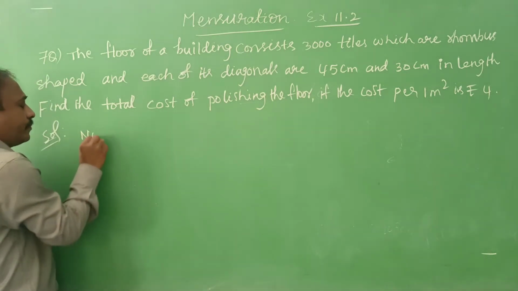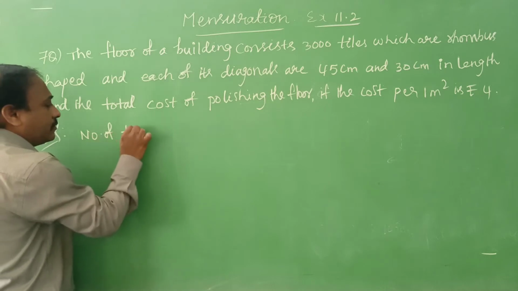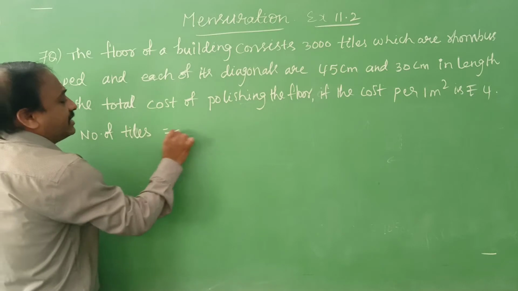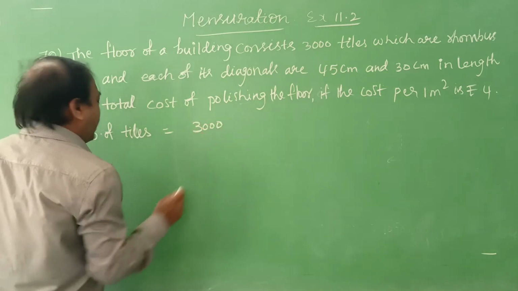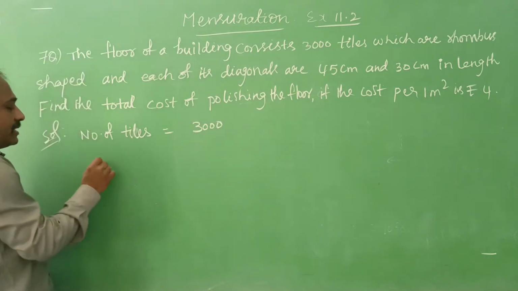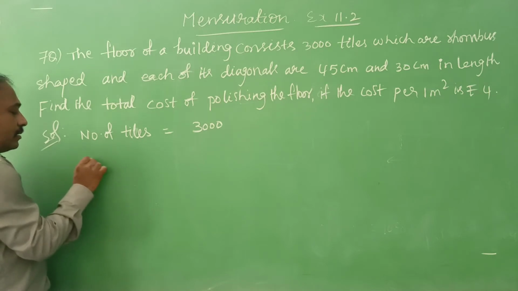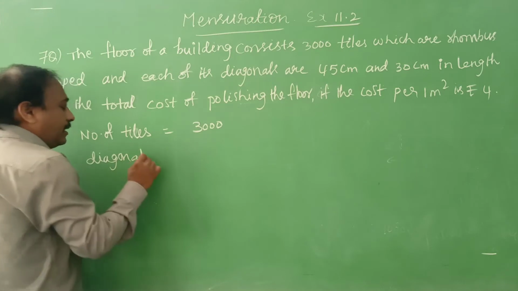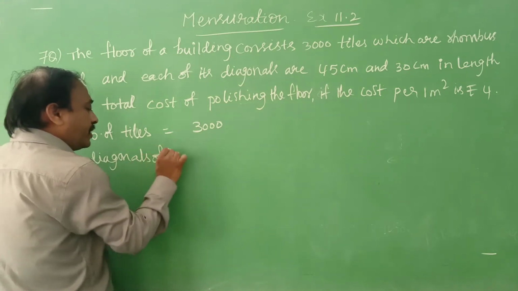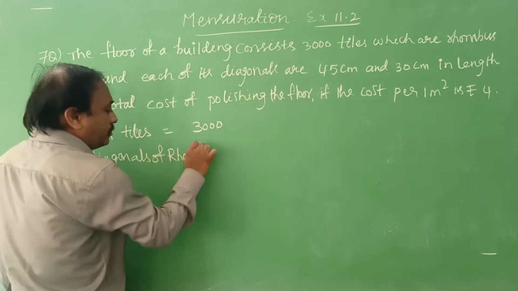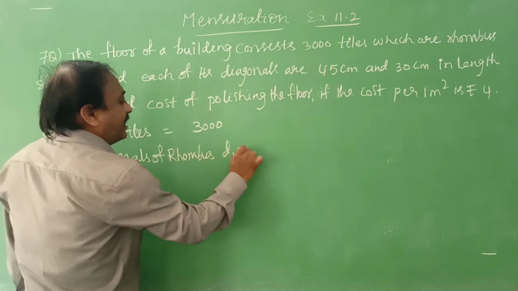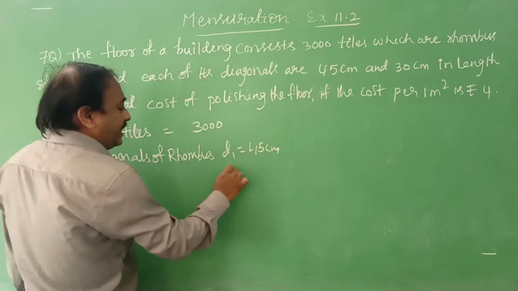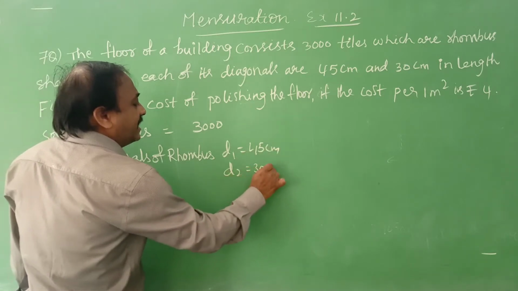Number of tiles is equal to 3000 and diagonals of rhombus D1 is equal to 45 centimeter and D2 is equal to 30 centimeter.